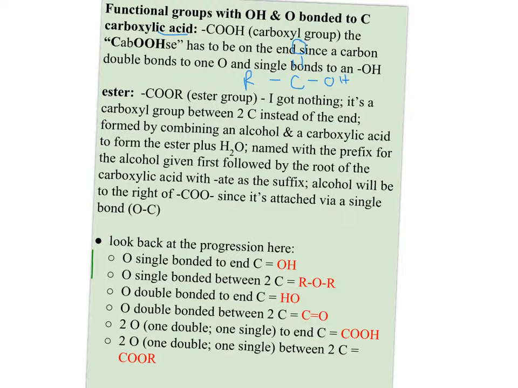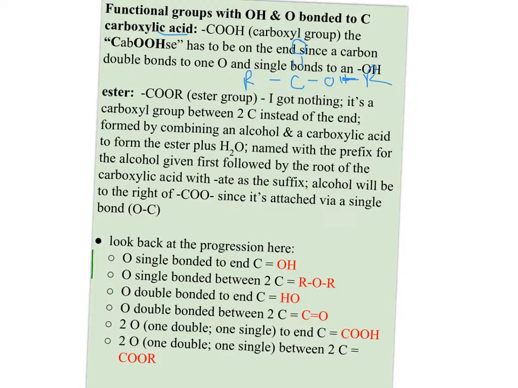So an ester group, much like an ether bumps off the hydrogen from an alcohol, or a ketone bumps off the hydrogen from an aldehyde, an ester is bumping off the hydrogen from a carboxylic acid group. So now I've got another R group here to make this an ester.